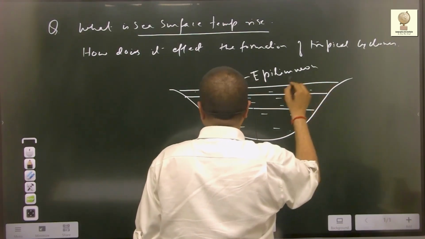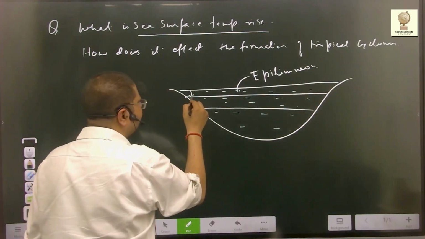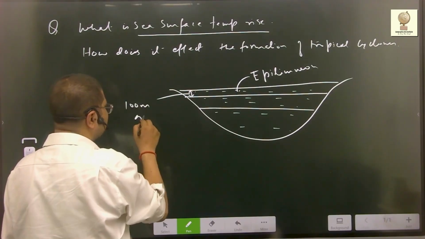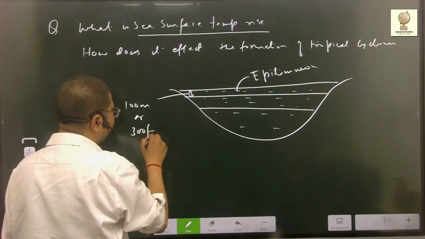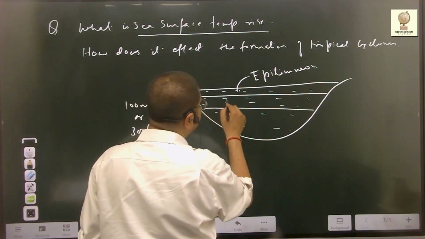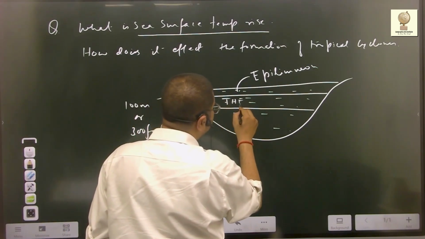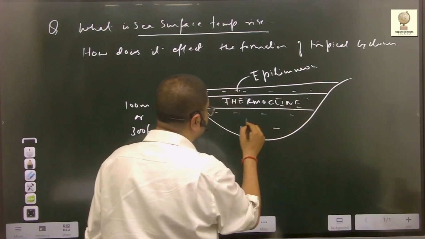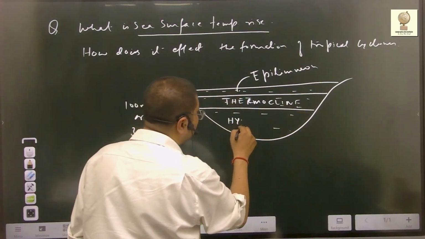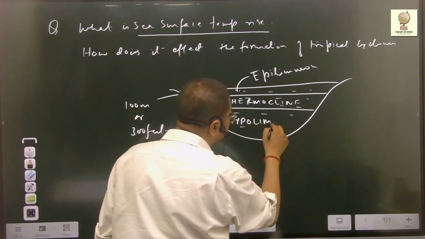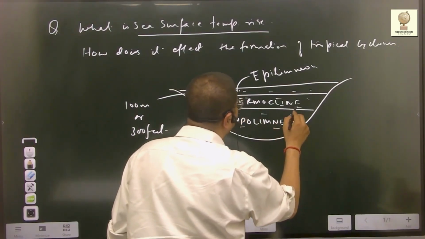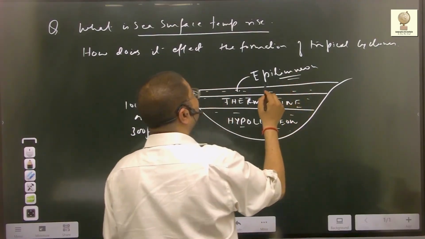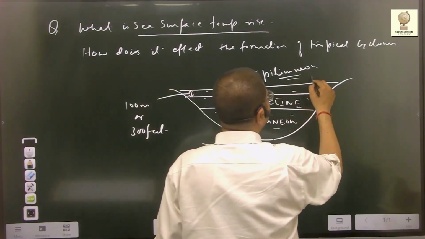It is roughly 100 meters thick, or you can say 300 feet. Below it is thermocline, and the bottom layer is hypolimnion. Now the upper layer, which is 100 meter thick, known as epilimnion, refers to the surface layer of water.